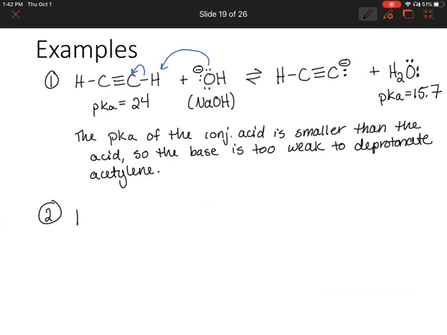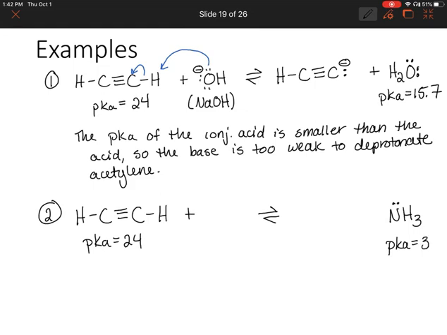So our second example, we'll use acetylene again. And again, its pKa is 24. Now this time we want to end up with the conjugate acid NH3 because its pKa is 38. And that's much higher than 24. Now NH3 is already a base as it is.